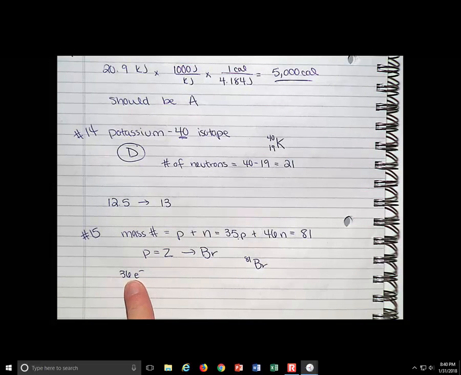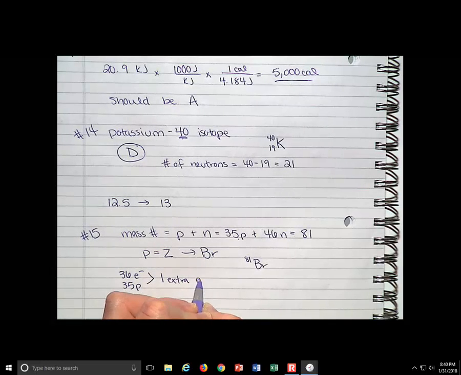And then I have 36 electrons. I need to compare my number of electrons with my number of protons to figure out if it's an ion. If they're equal, it won't be an ion. It'll just be a neutral atom. But I've got 35 protons, which means that I have one additional electron, and it's going to be a minus one charge.